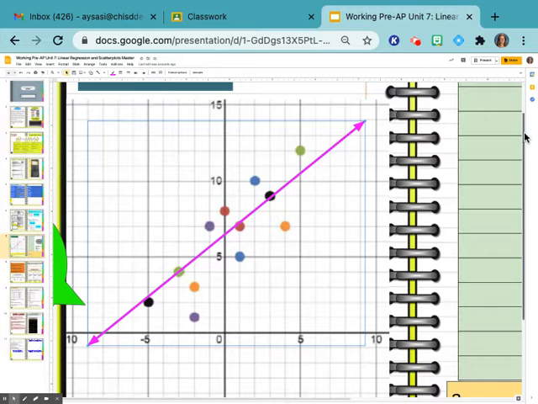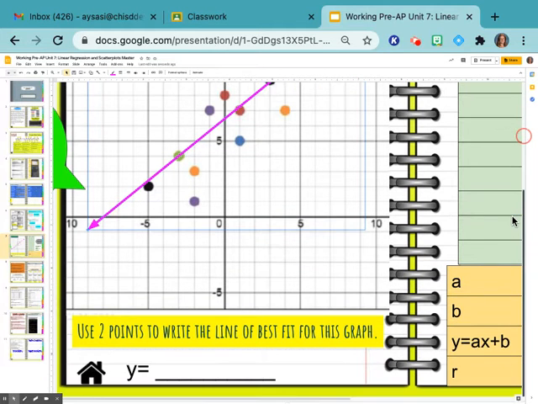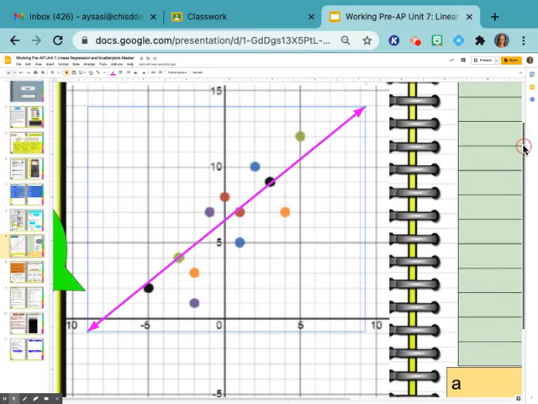So let's see. It says, use 2 points to write the line of best fit for this graph. What 2 points could I use to create the line of best fit for this graph? What do y'all think? 1, 7, okay.